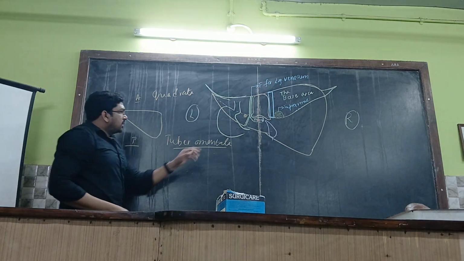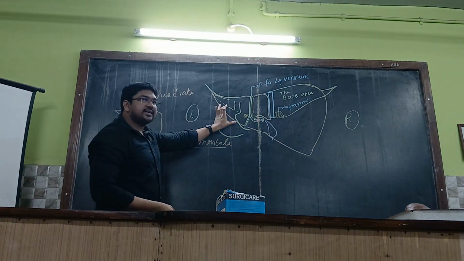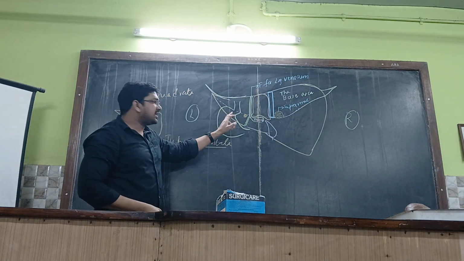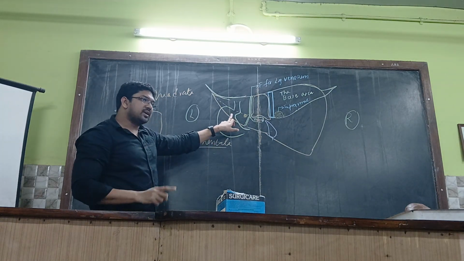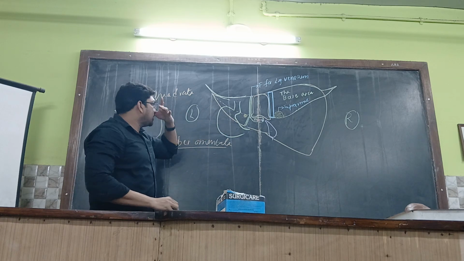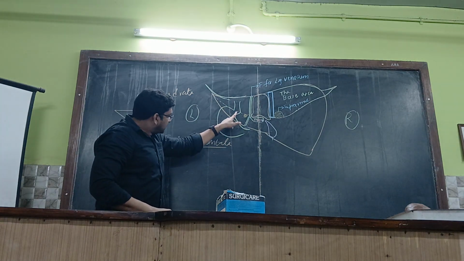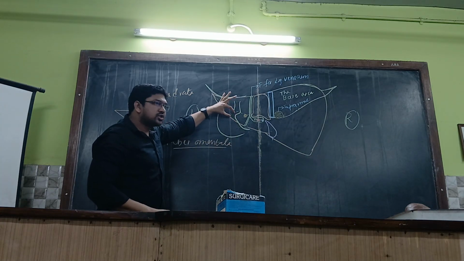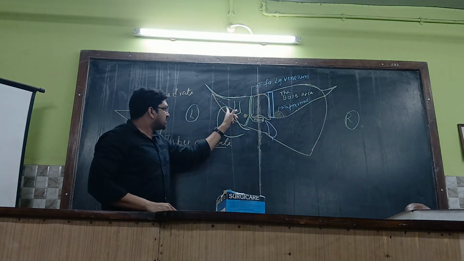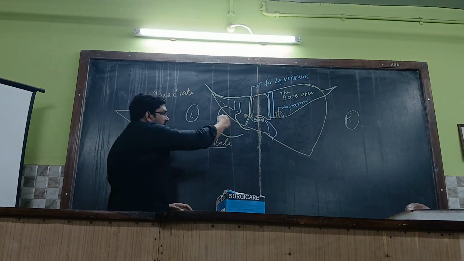If you see this inferior surface towards the extreme left side, there will be an impression for the stomach, that is the gastric impression. The fundus and the body of the stomach towards the lesser curvature are related over here, but not the greater curvature of the body and the pylorus.